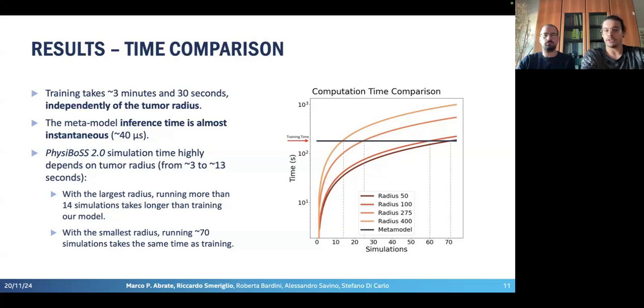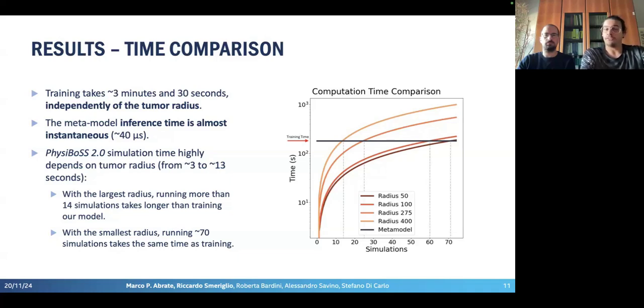This means that our model is able to reproduce the behavior of PhysiBoSS 2.0 5 orders of magnitude faster than the original simulator.